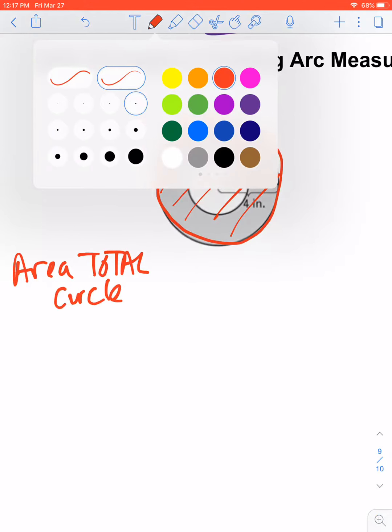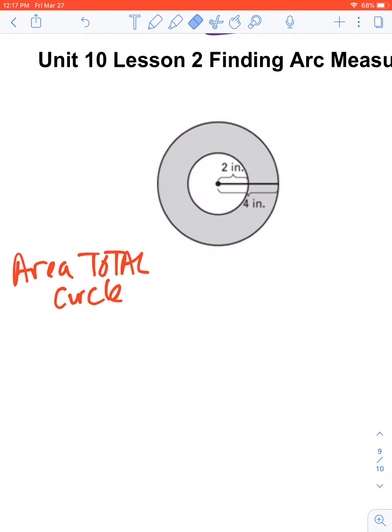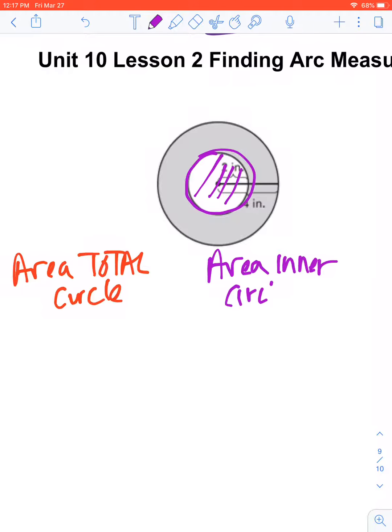Next, I'm going to look at the area of just that inner circle. We're going to compute that. And in order to get my shaded region, I am going to subtract those two. So let's find the area of the total circle.